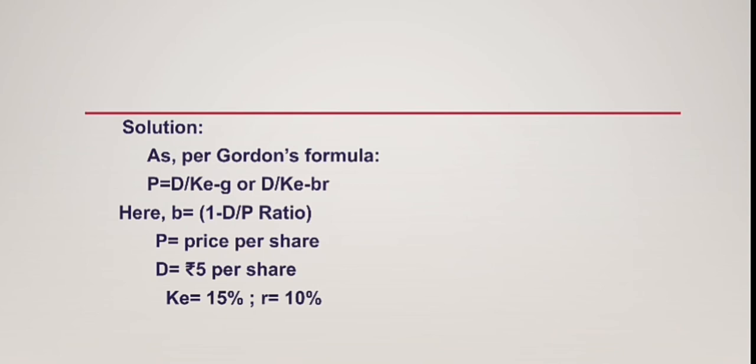P is the price per share, D is rupees 5 per share, K is 10% and R is 15%.